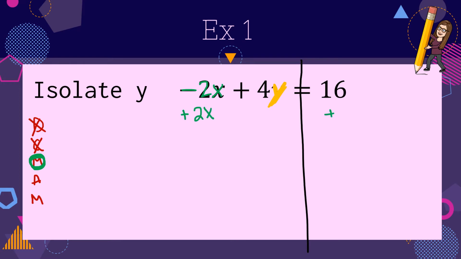Now here's what's going to be weird. There is no x on the other side. So this side cancels as always, right? That looks normal. The 4y falls down. But on that right side, nothing happens. So here's what's new, we're just going to leave it as 16 plus 2x. There's nothing to combine. It's just going to stay that way.